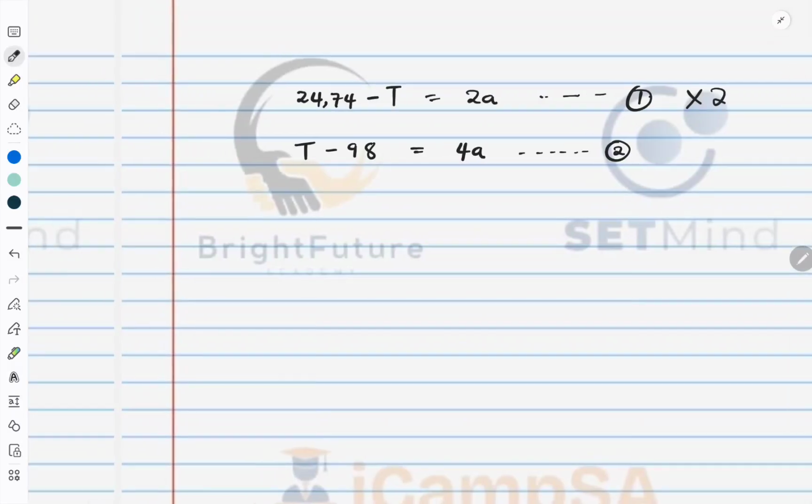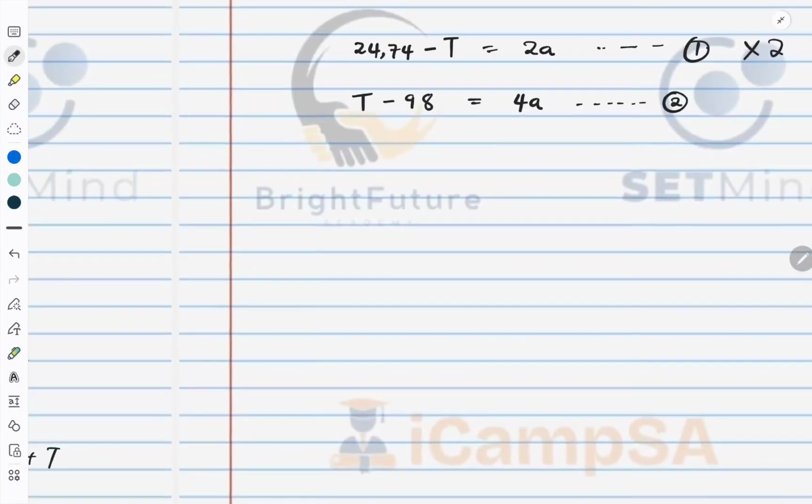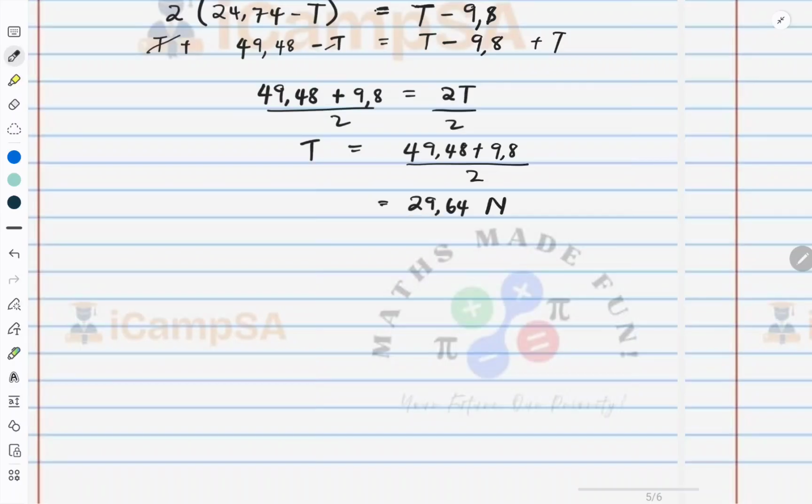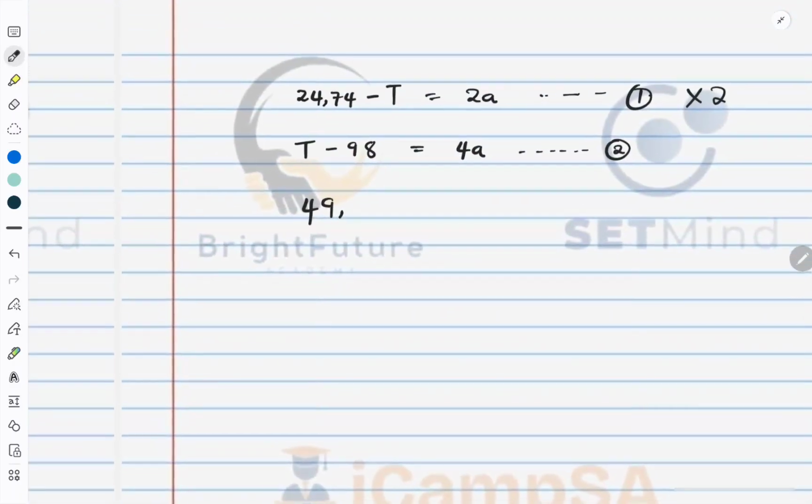Your new equation would be, I think, this is 49.48, yes, minus 2t is equal to 4a, right?